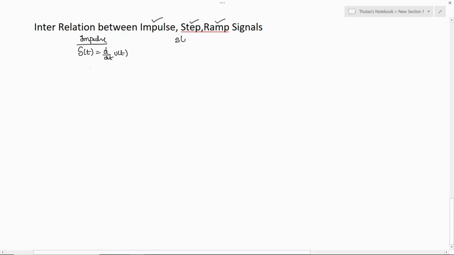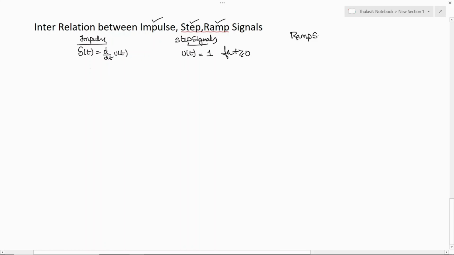Next signal is nothing but the step signal. Already I had done a video in the previous class about different types of test signals. You can watch that video. Now the step signal I'm defining with the name u of t, and it maintains a magnitude of 1 for t greater than or equal to 0. And next one I have is the ramp signal.